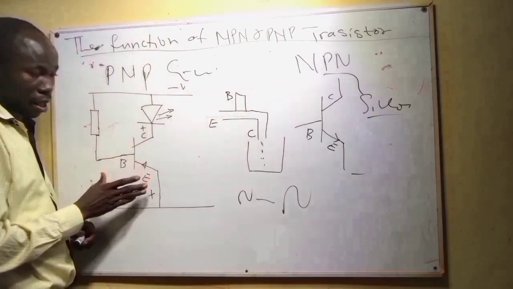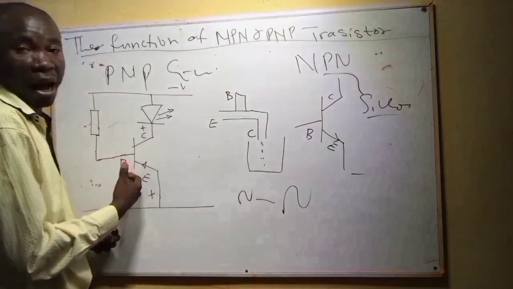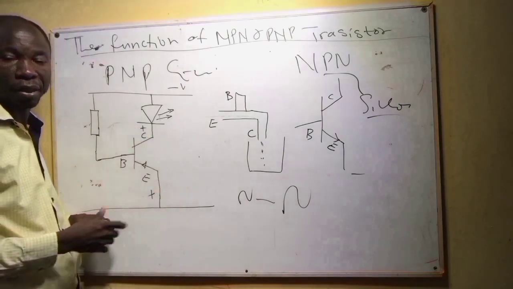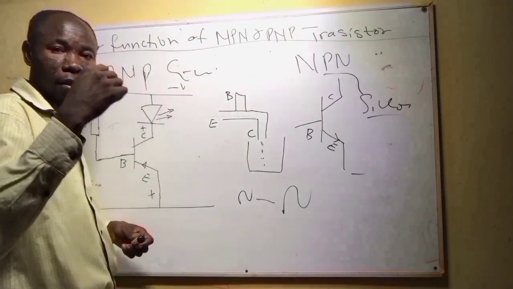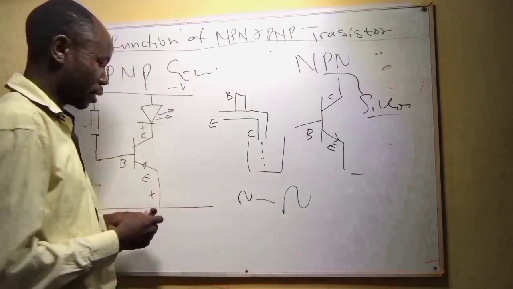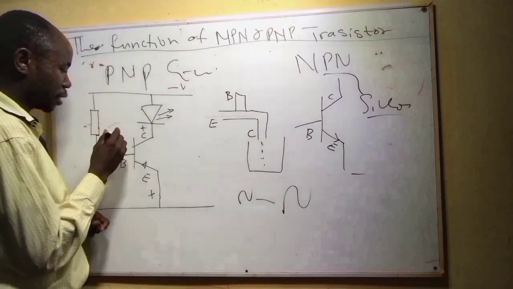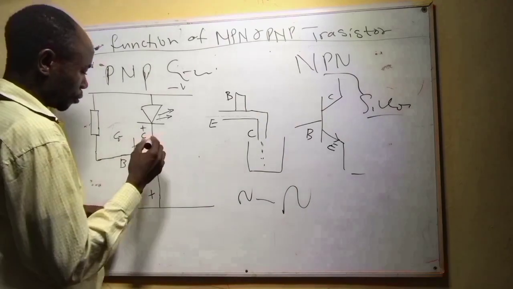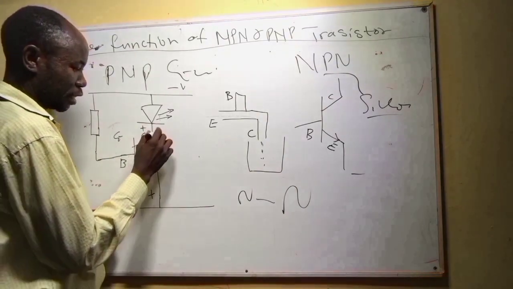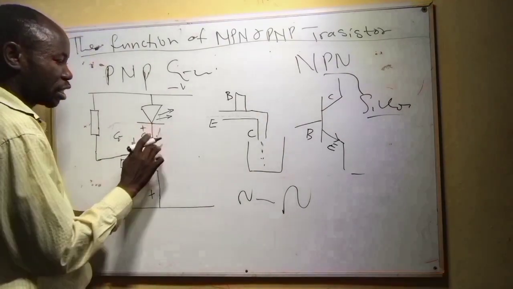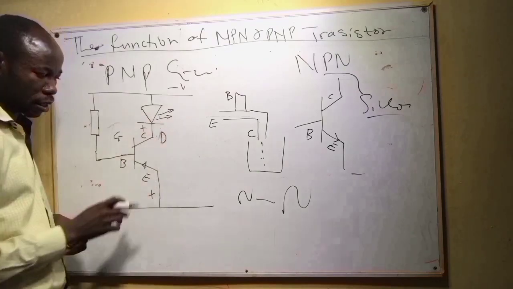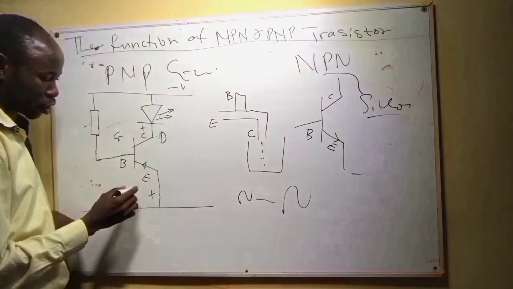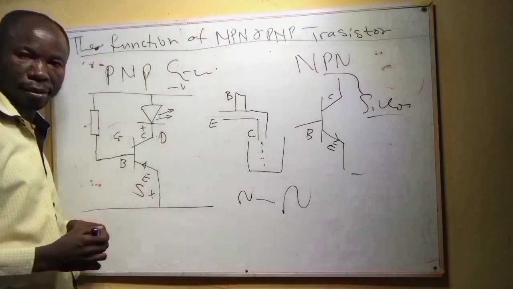The transistor, as we see here, has base, collector, emitter. If it is a MOSFET or a FET, the base is the gate. The collector is the drain D. And then the emitter is the source S.